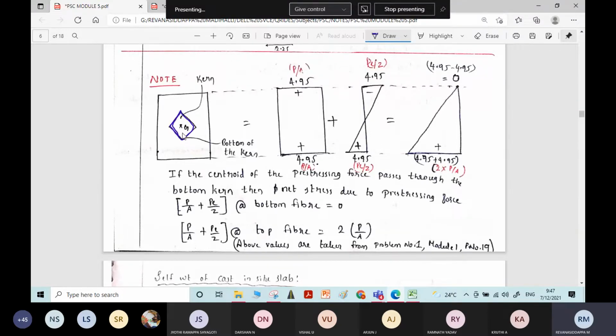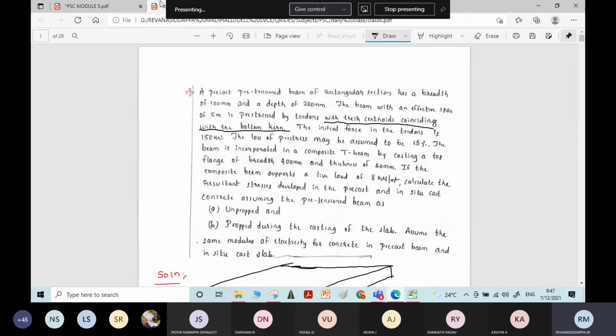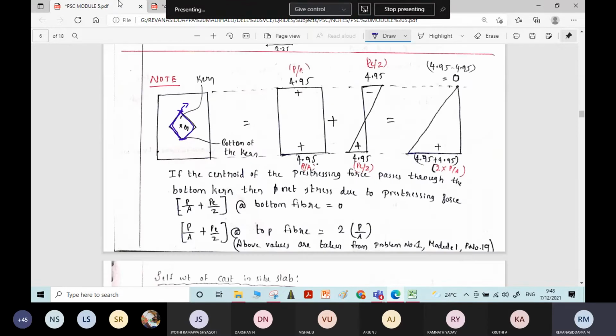This is called the curve portion. The bottom of this trapezium is called the bottom of the curve, and this is the top of the curve. In the problem it is said that the centroid of the pre-stressing force is coinciding with the bottom curve.